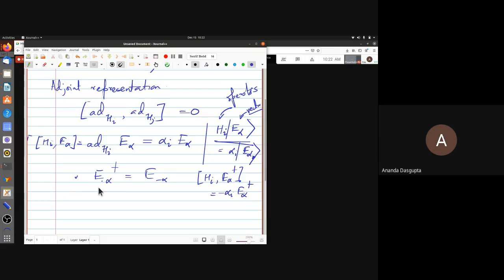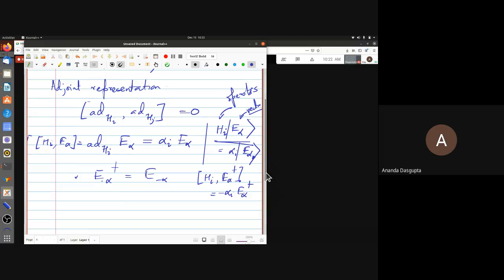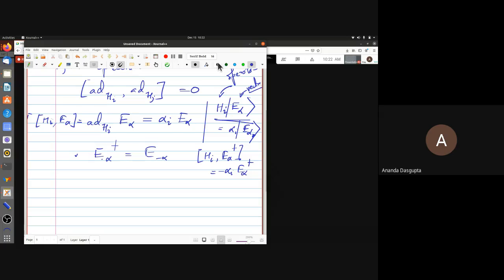And in particular, we take this normalization for E alpha and E beta, or in general we use the general normalization between operators: if you have two operators x and y on your space, you normalize using the trace of x dagger y.